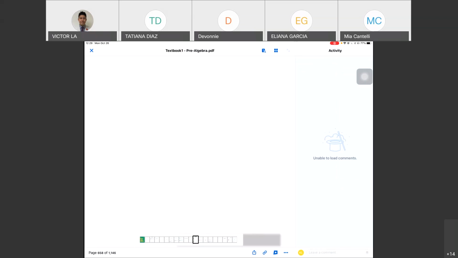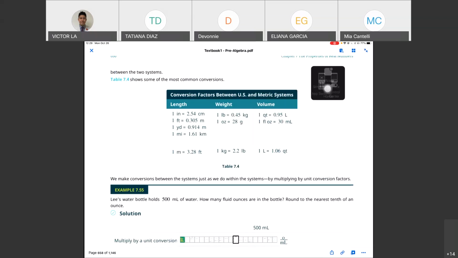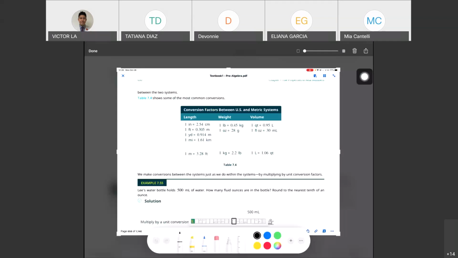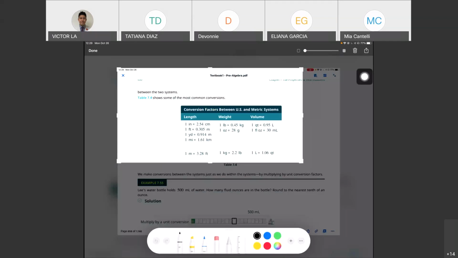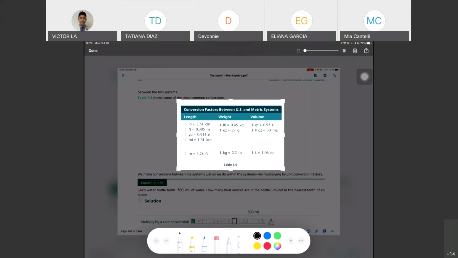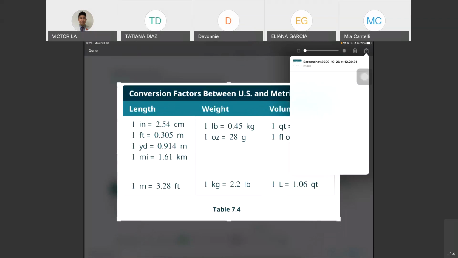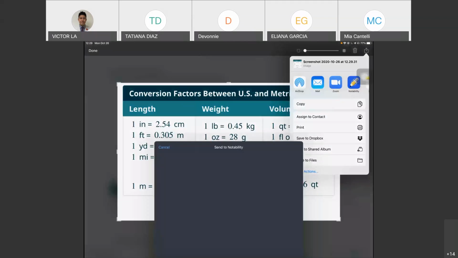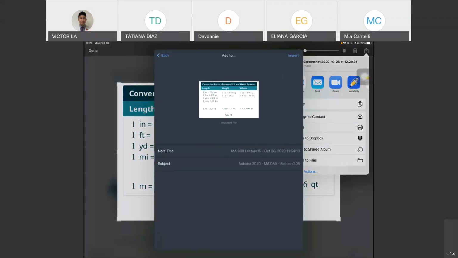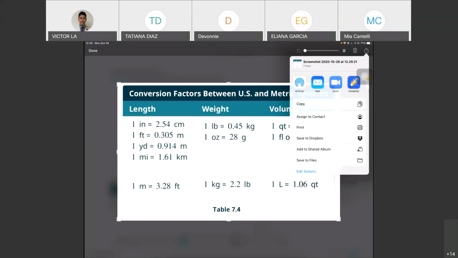However, the table itself is not that important. It's just to recognize it. So let me just decrease the size of this so that you guys can see. I'm going to put this into our current lecture. Done. Delete this.